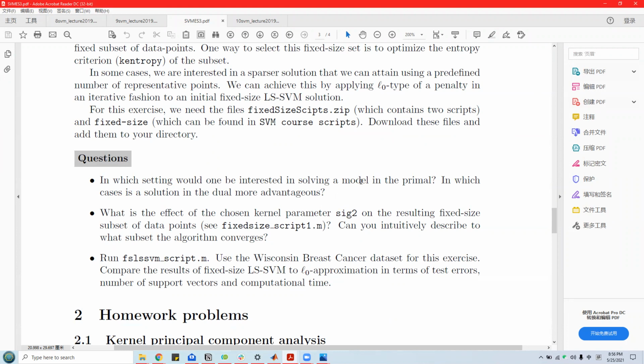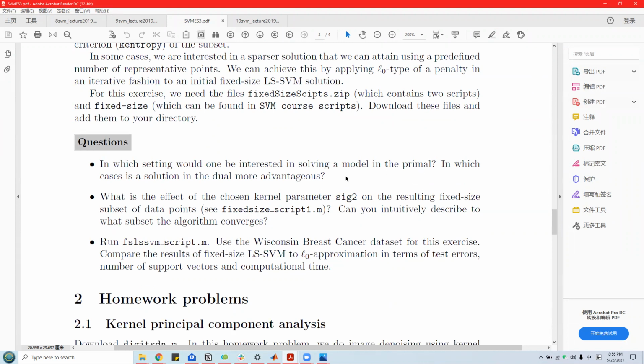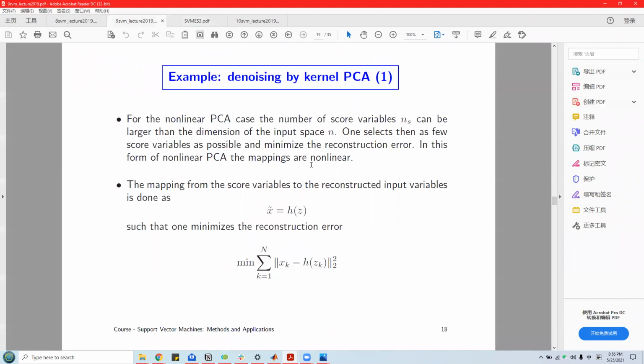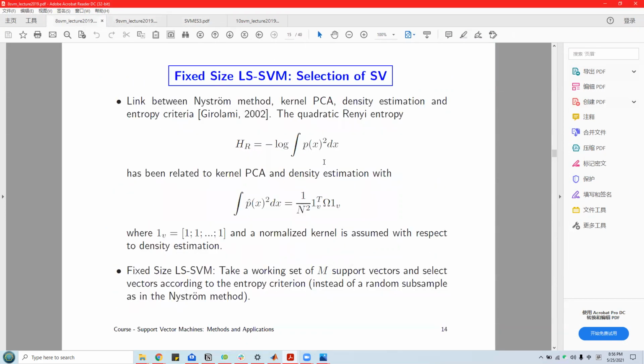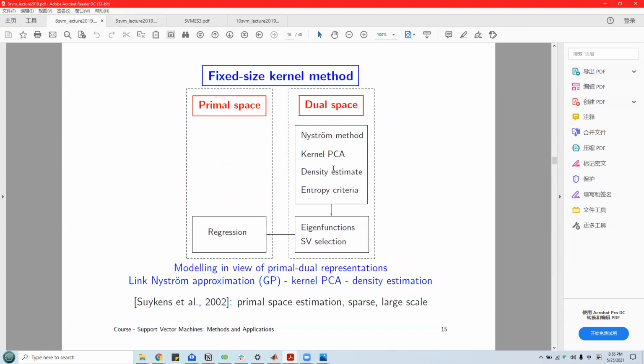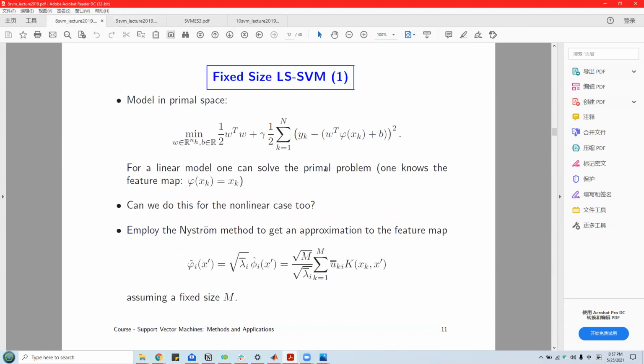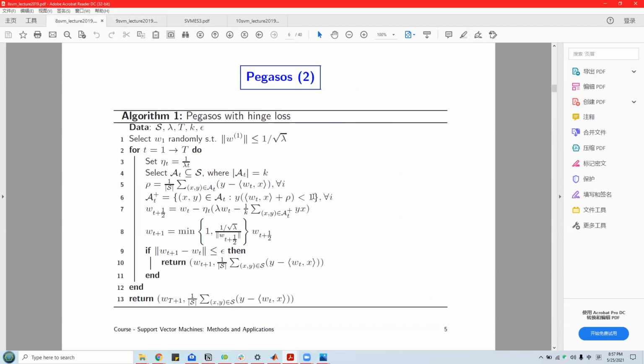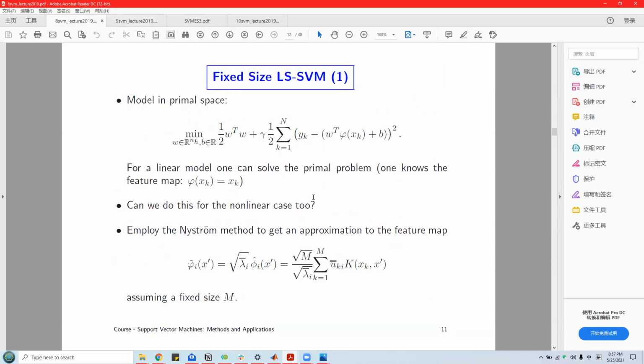So for the first one, why do you prefer to do it in the primal? This is for solving with a large scale amount of data. I think somewhere the slide mentioned it.